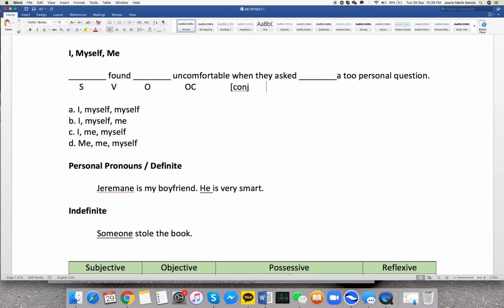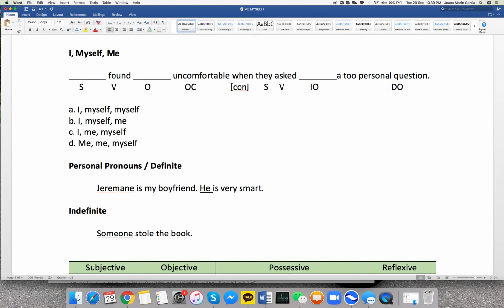And then we have the subject inside the clause, we have the verb, and then we have the blank here, so IO, and then we have DO. I am the receiver of the difficult or too personal question. So we need objects.